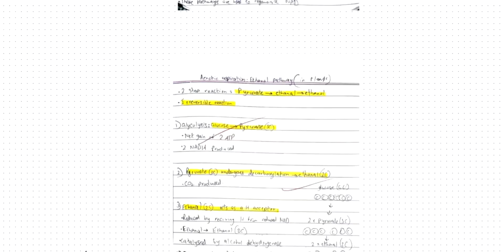Now, let's start with the plant pathway or the ethanol pathway. In plants or yeast, the pyruvate that is produced from the glycolysis will become ethanal, and ethanal would then become ethanol. This reaction right here is irreversible.